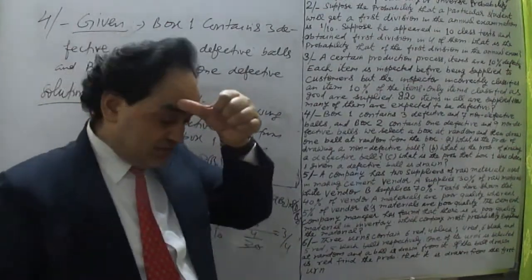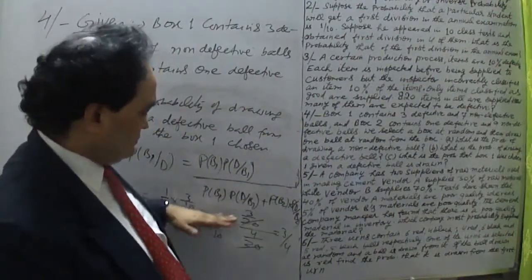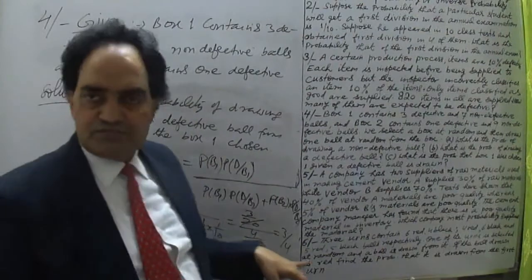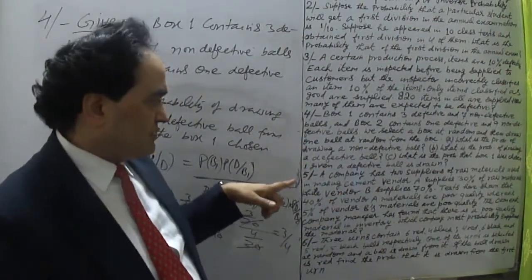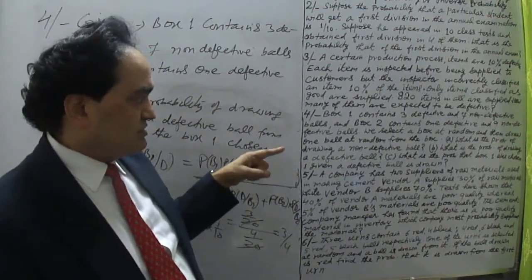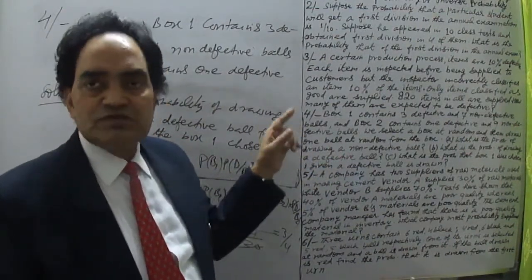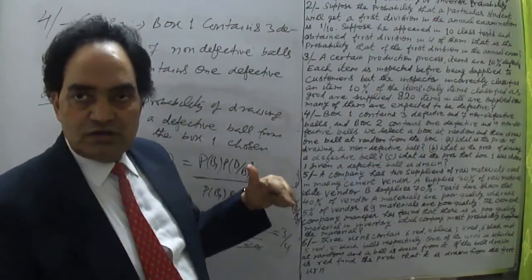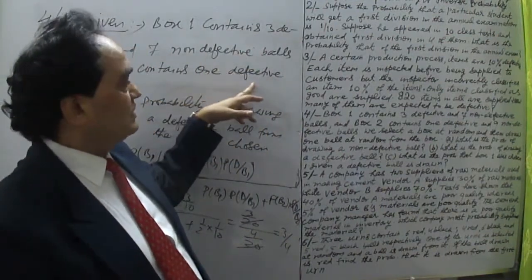A and B parts are just defective and non-defective probabilities we have to find out. This defective ball probability, 4 upon 20, was for defective balls. Part A was for the probability of drawing a non-defective ball. Non-defective ball was 16 upon 20, right? Because 7 upon 20 and 9 upon 20.